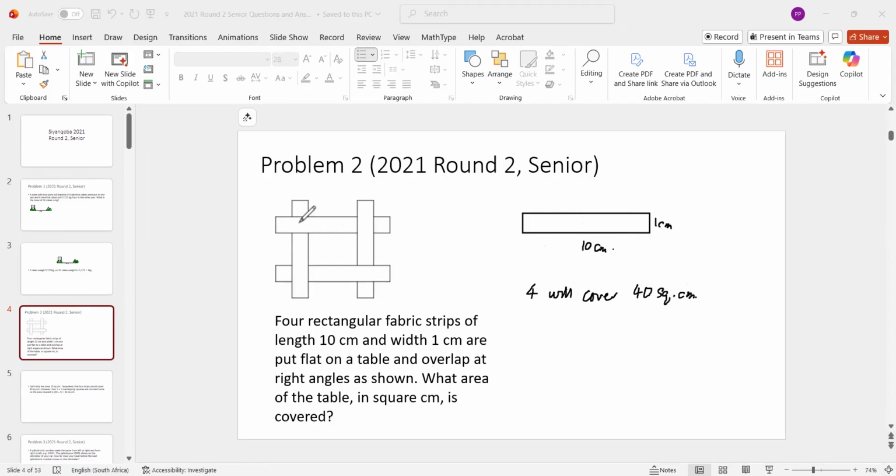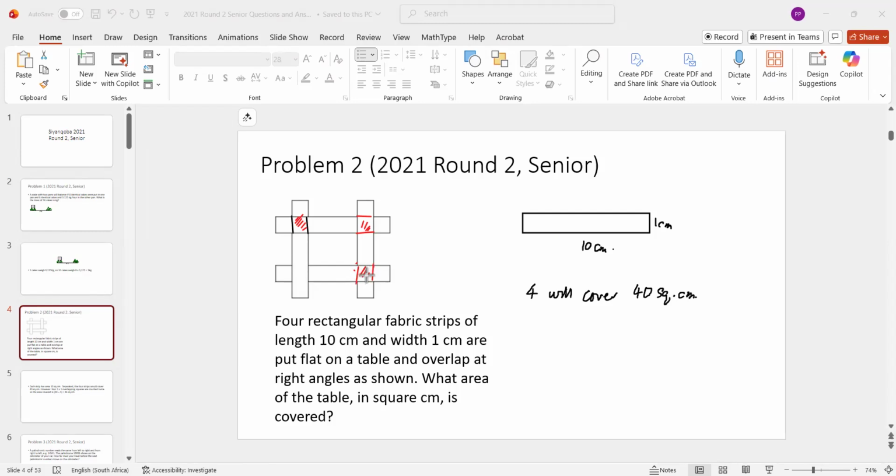All right, but just observe that some of these things are counted twice. Like, for instance, if you look at this part here, you got one overlapping the other. So this is counted twice. 4 times 10 is 40. The same thing happens at these other places, but there are only 4 places where it's counted twice.